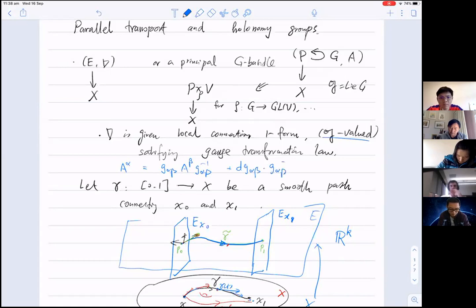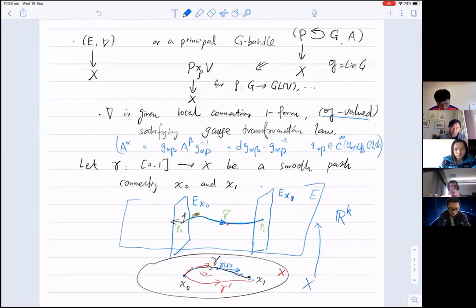So g alpha beta is a matrix valued function. It's a smooth function on the intersection, taking value in the algebra, maybe just k by k matrices. And then this is the connection form.